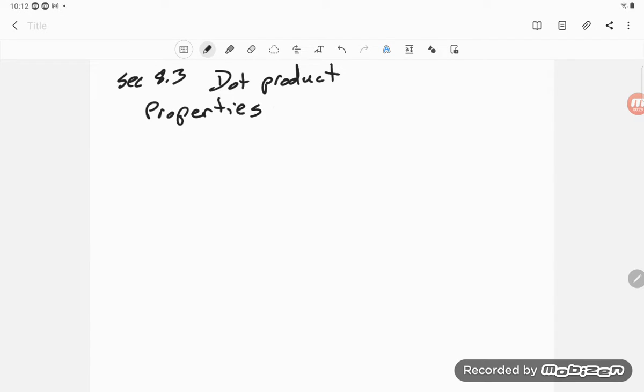Okay, so we'll just remind ourselves of these. So one, distributive property over addition. So if I have x dot the sum y plus z, I can write that as x dot y plus x dot z.